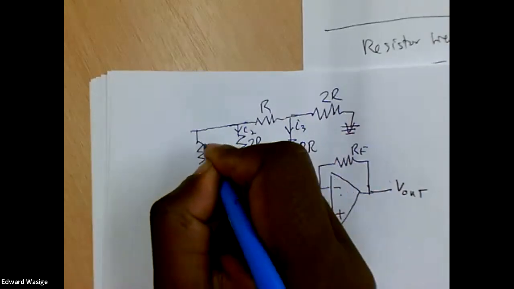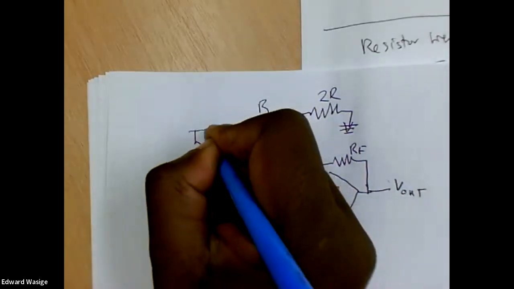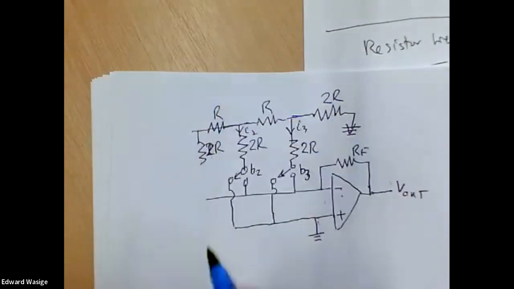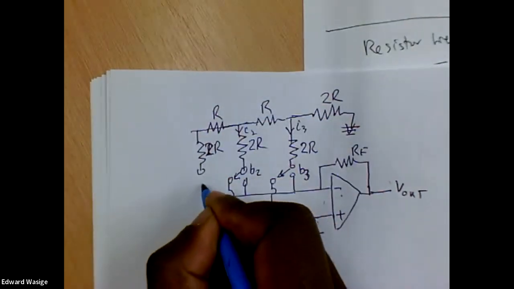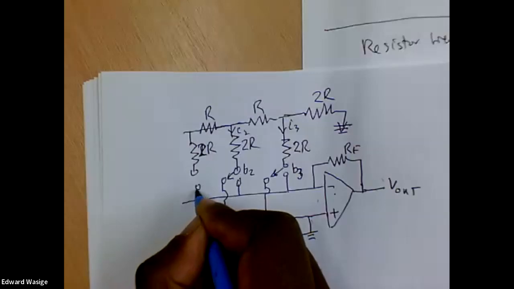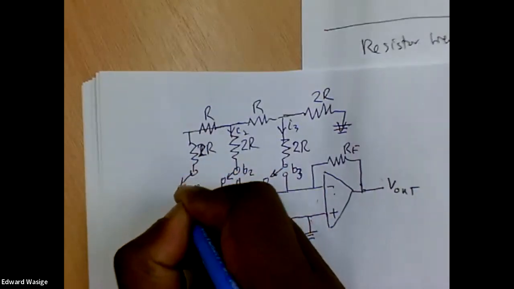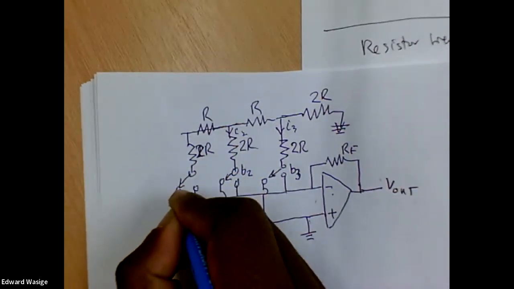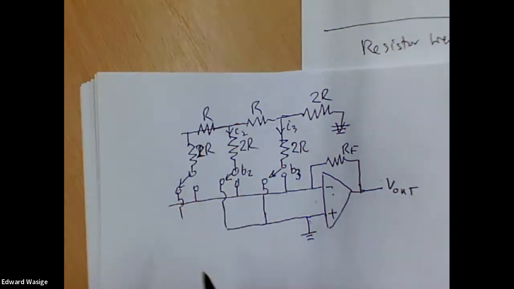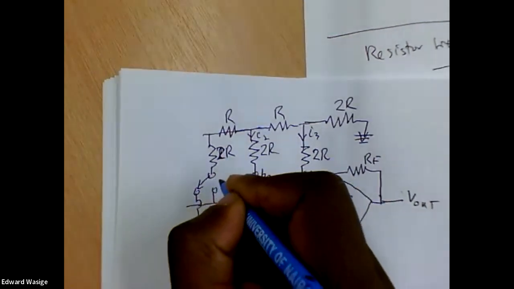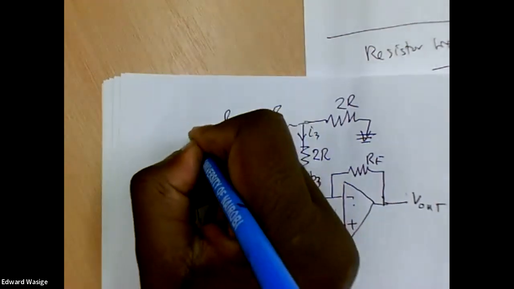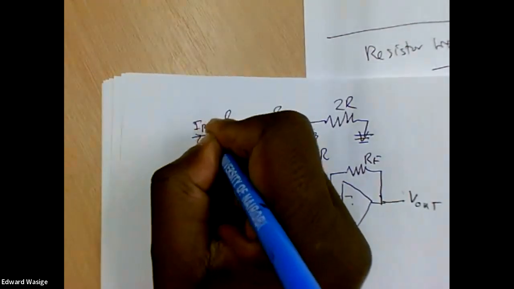And this would be R, twice R. And I've drawn that wrongly. We need R at that point. And this goes to ground, and this is controlled by B1. And this is my RF.